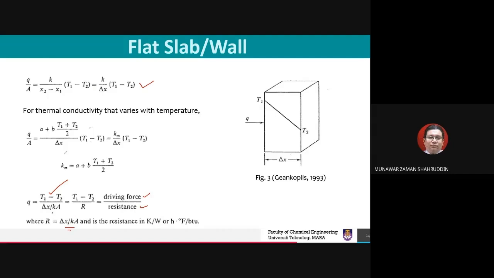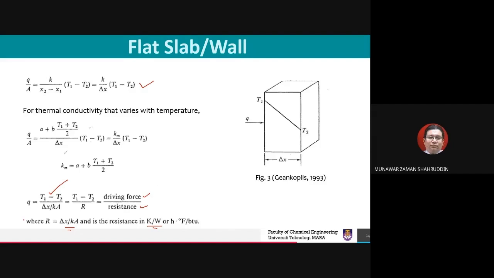That is correct, because the unit of K is watt per meter Kelvin, and A is meter square, so the meters cancel out, and it ends up with Kelvin per watt, or hour degree Fahrenheit over BTU. This one is the British unit. Normally we will use the SI unit.